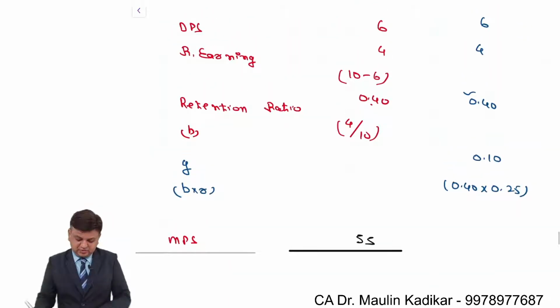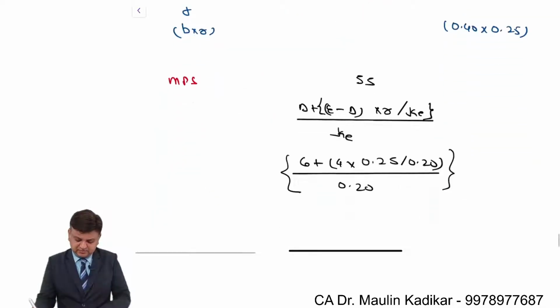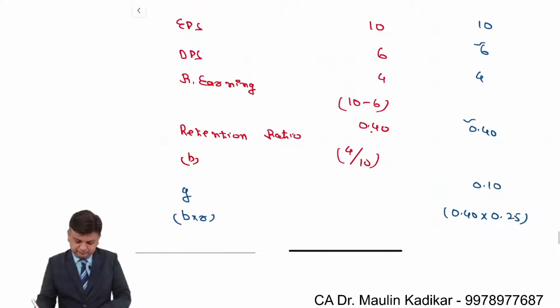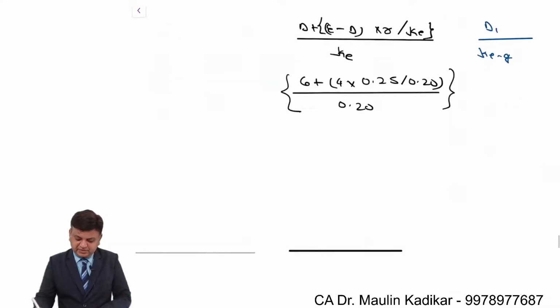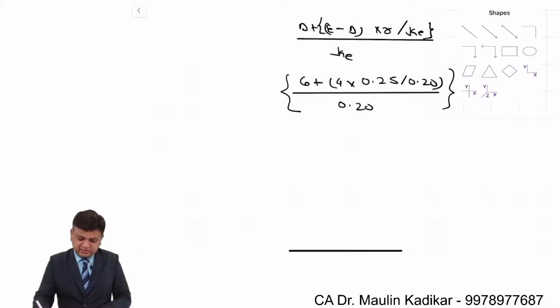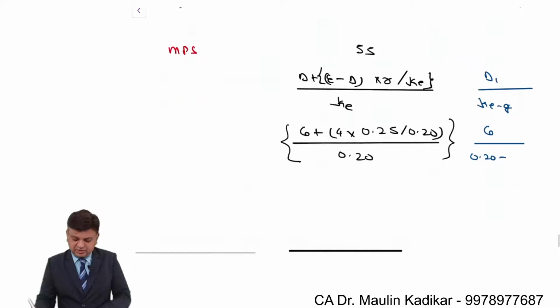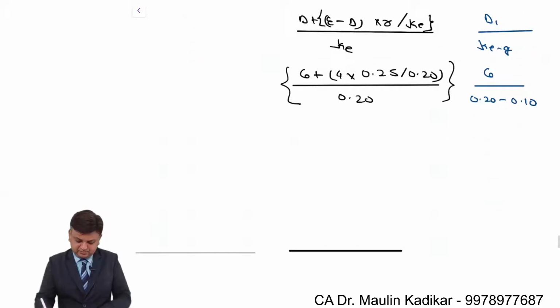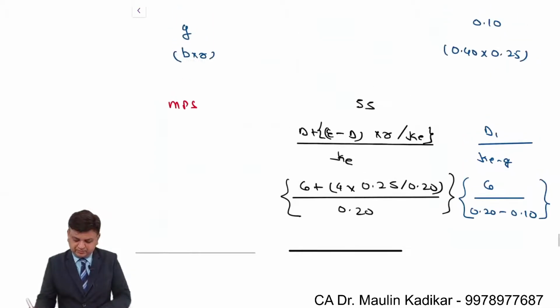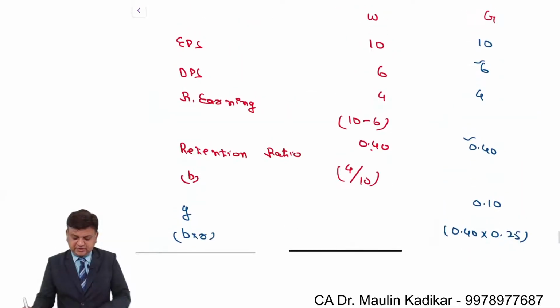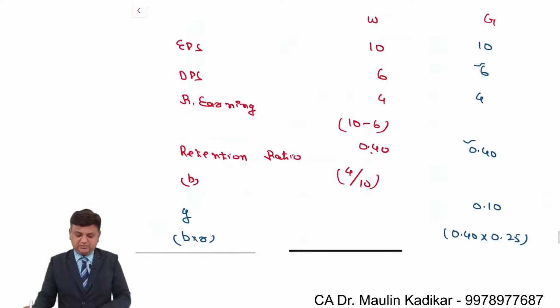Dividend per share is rupees 6. That is market price of the equity share is D1 upon K minus g. So dividend per share is 6, cost of equity is 20% and the growth rate is 10%. 6 divided by 0.10, that is 60 rupees per share. This is the way the price of equity share can be calculated.